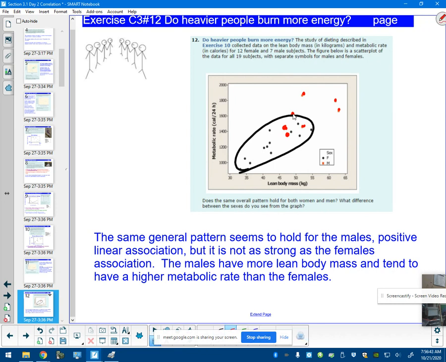Agreed? The red seems to not be quite as strongly associated. That's my opinion. Questions? Any other question?